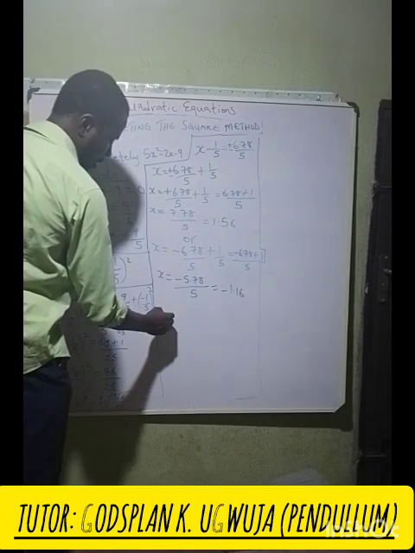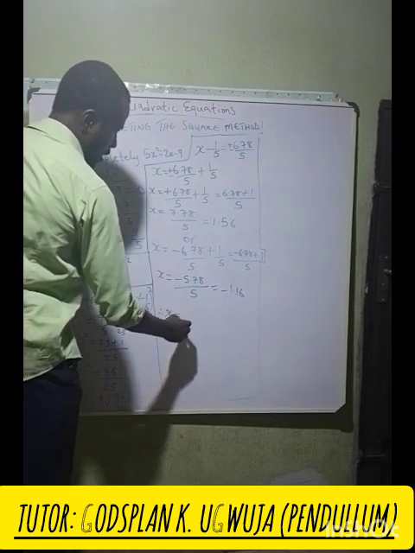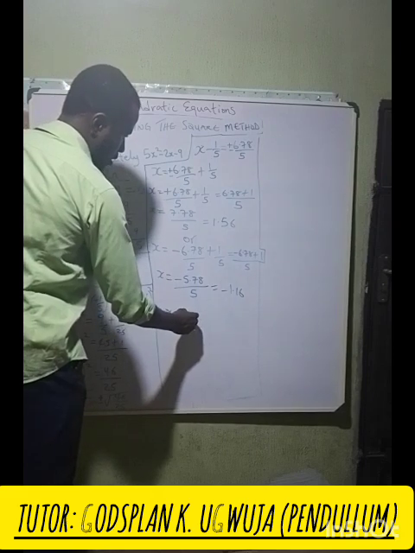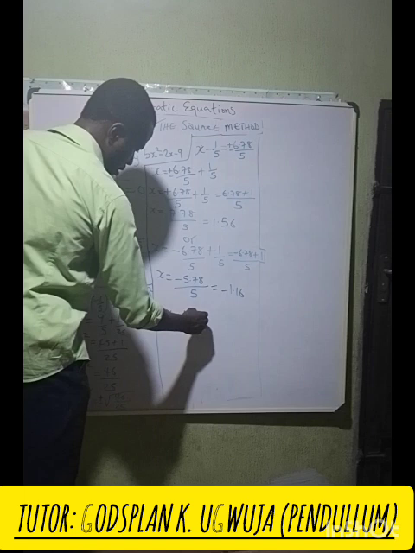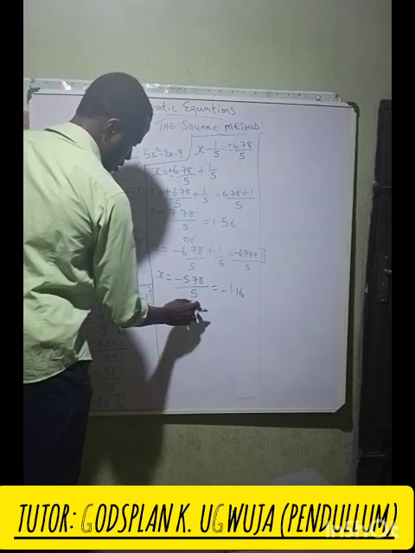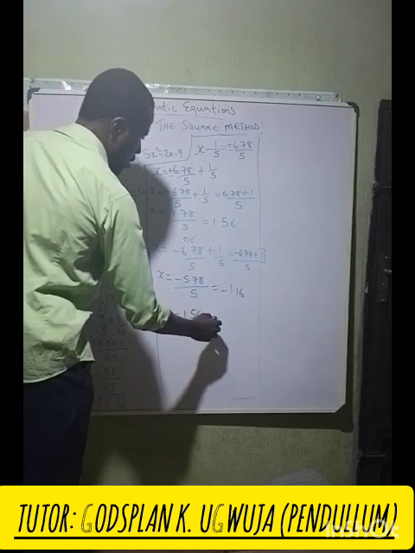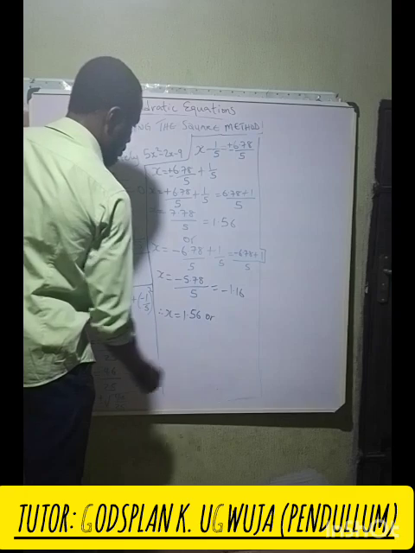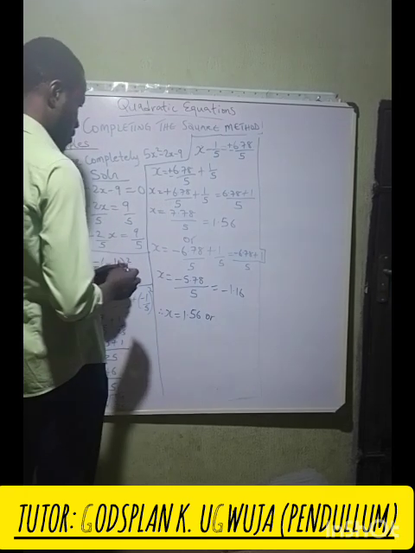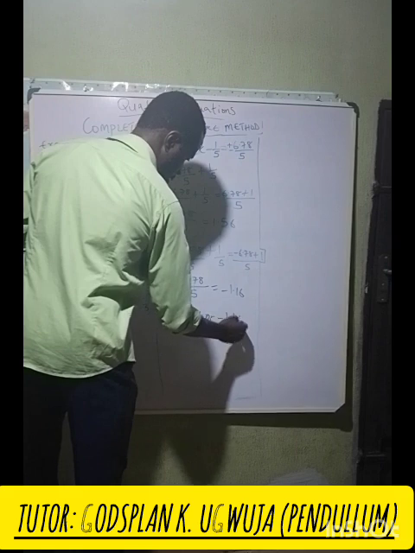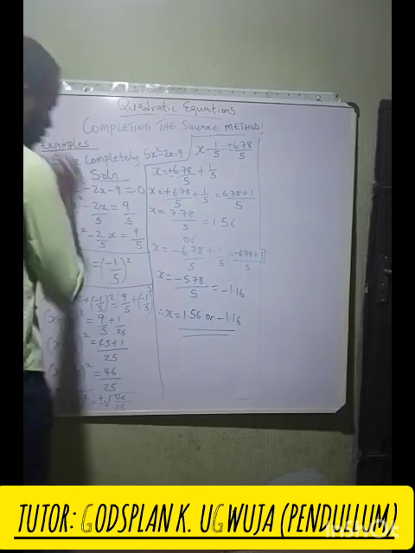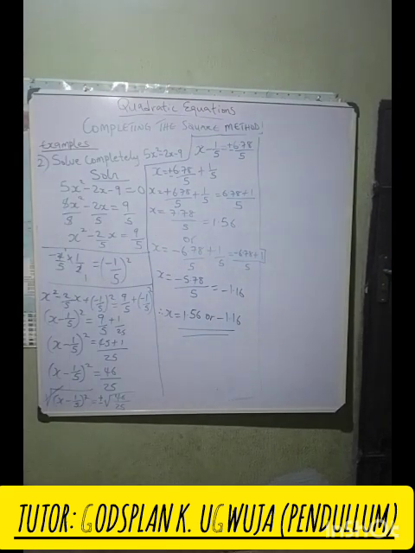Alright, so therefore we have that x is 1.56 or minus 1.16. So these are our two values of x.